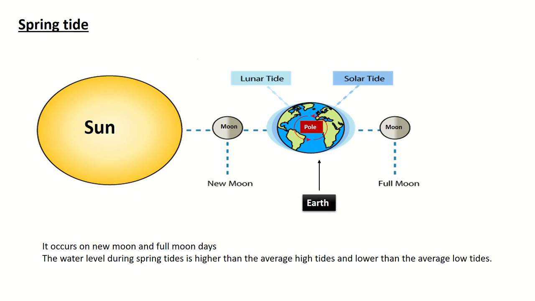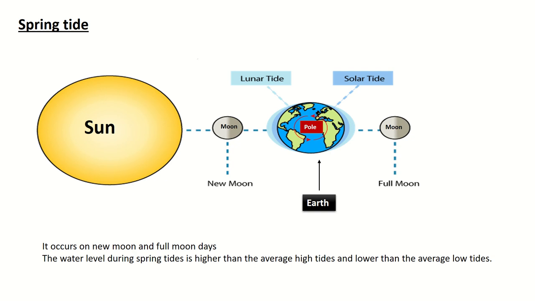So we will see why it happens on the new moon day. On the new moon day, the sun tries to pull the earth because there is gravitational force between the sun and the earth. And the moon also tries to pull the earth because of the gravitational force between the moon and earth. So the sun and moon both will try to pull the earth.